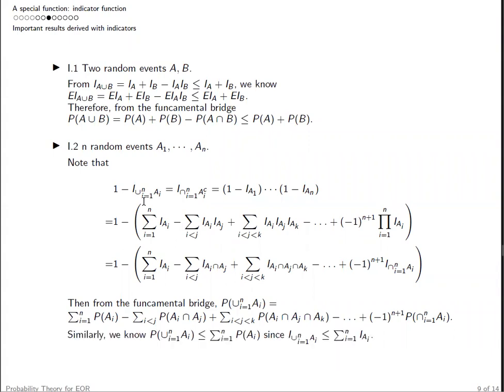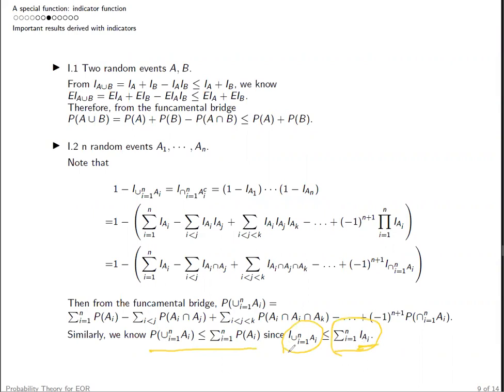Let's discuss the second case. Before we discuss the second case, again, we also have the inequality here, right? Because apparently the indicator of the union is smaller or equal to the summation of all the indicator functions.